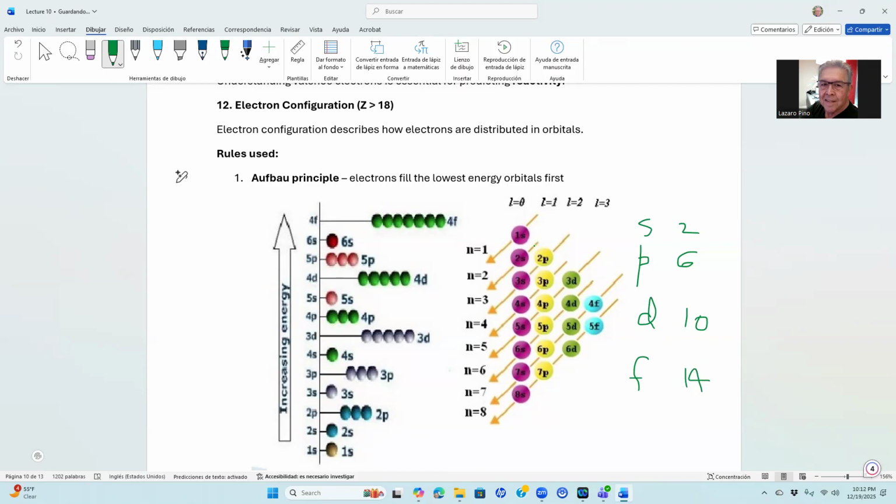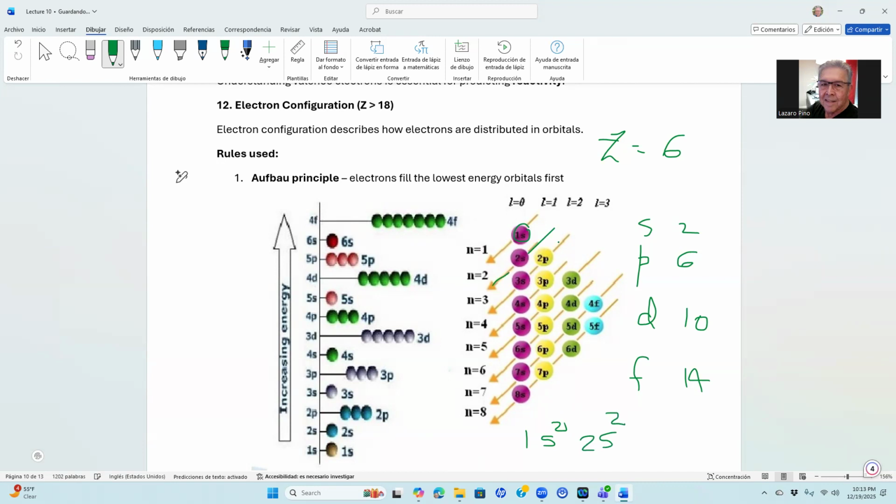Then you begin here. For example, if the atomic number of the compound is 6, you begin here: I'm going to put 2 electrons in 1s. Then you come here and say, I will put 2 more in the 2s.